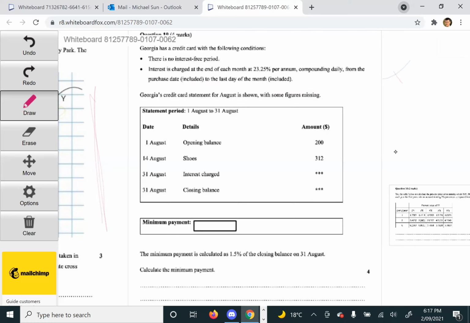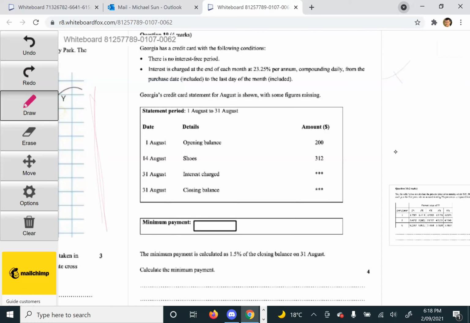Then to get the minimum payment, you go the first purchase minus the opening balance, which would be like 115. That's just not right. It's like 519.